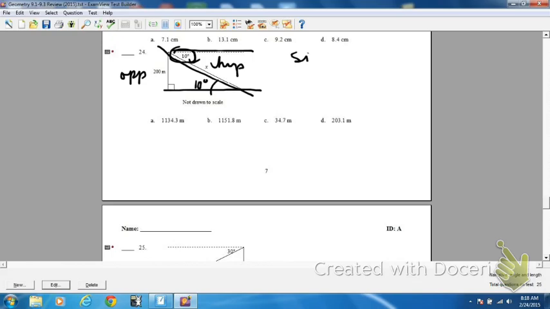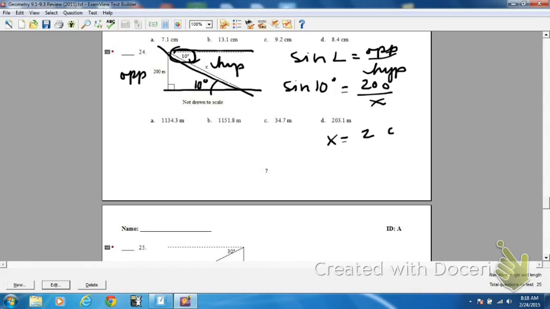So I'm going to use sine of opposite over hypotenuse. The sine of 10 degrees is then 200 over x. That's going to be a problem ends up where we divide, so that's x is 200 over the sine of 10 degrees, and x equals 1,151.8.